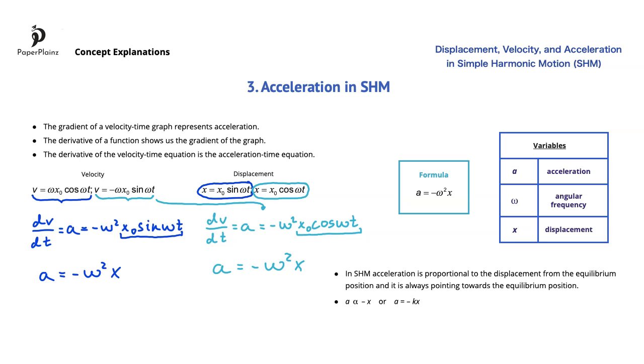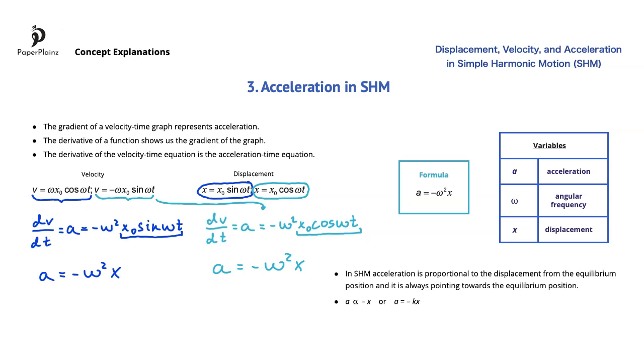If you compare the equation that we learned in subtopic 4.1, so a is equal to negative kx, with the equation that we derived here, so a is equal to negative omega squared times x, you can see that the only difference is that in one equation we have k and in the other we have omega squared.